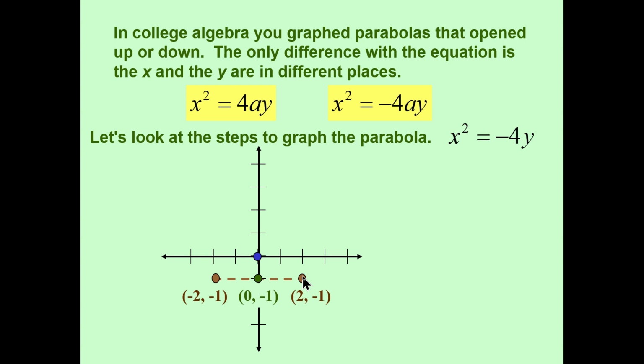The location of this point will be at -2, -1 and 2, -1. So this is the latus rectum here. And we have our vertex. Then we can do a rough sketch of a graph there. And there's a rough sketch of a parabola.